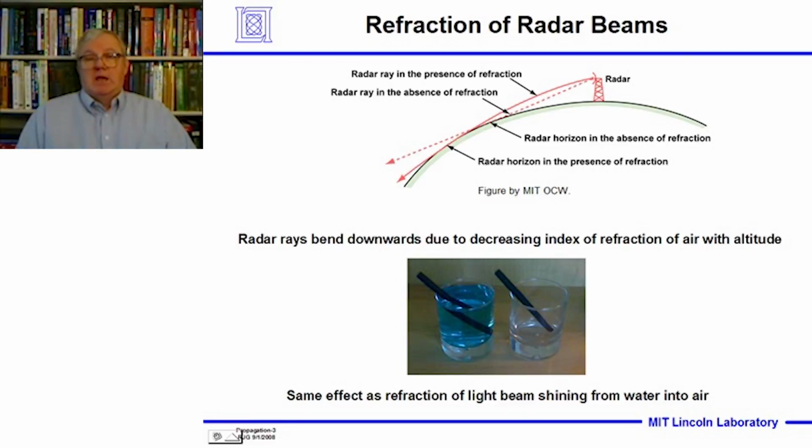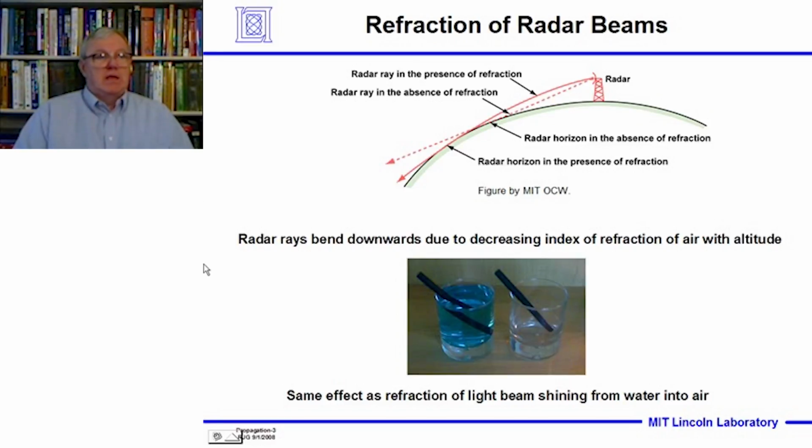If it drops off a lot faster, say 100 parts per million, that's a lot more bending. If it's over 160 parts per million that it drops off per kilometer, we call that super refraction. And we'll see shortly that the beam can bend an awful lot.